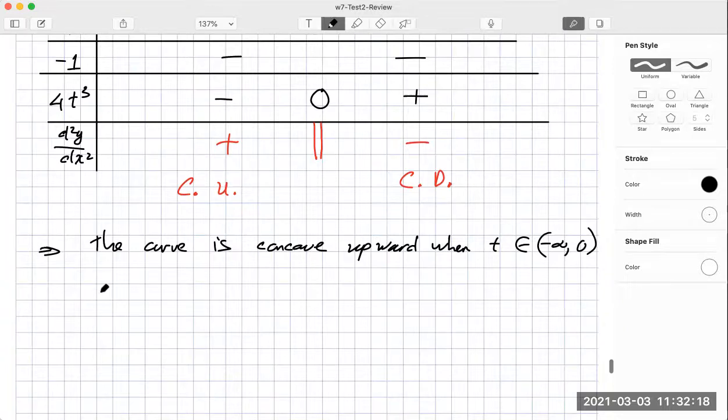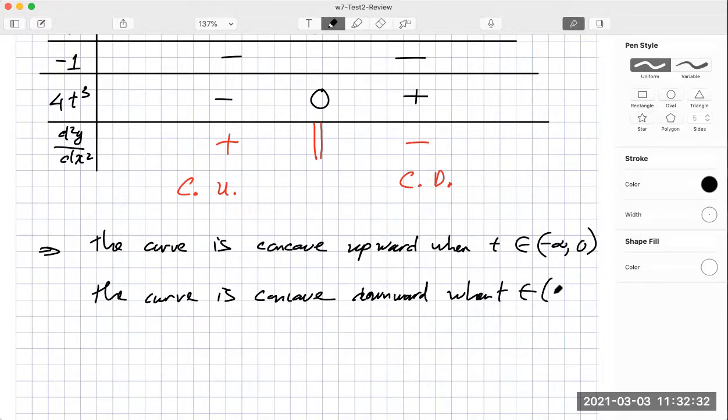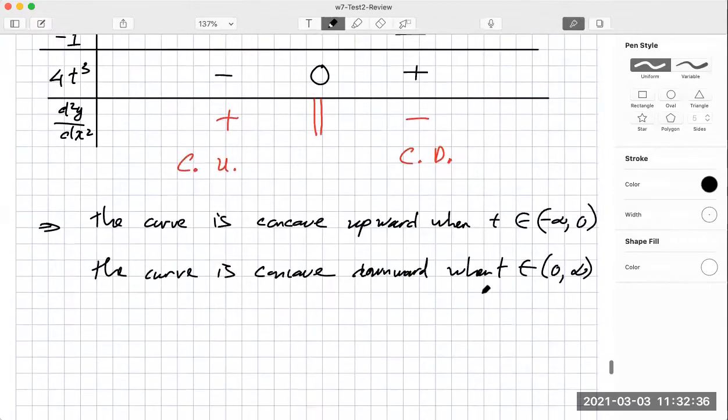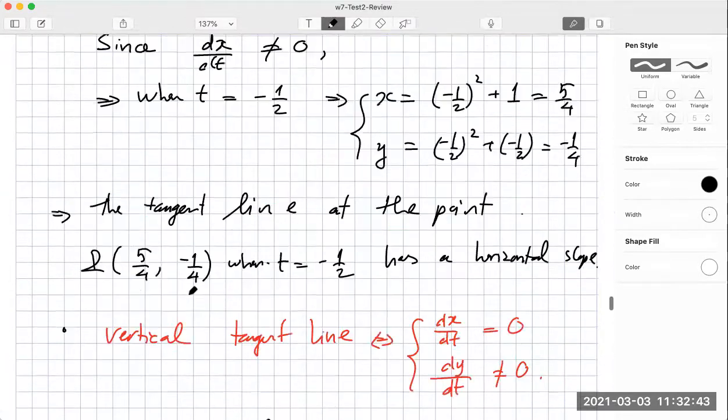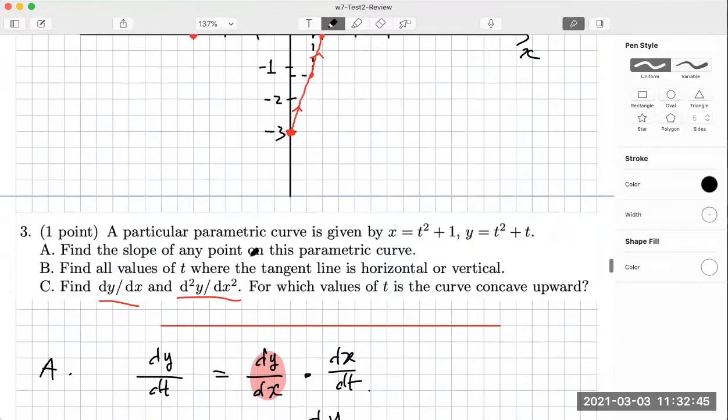And it is concave downward when t is from 0 to infinity. That's it, okay? That is all about this question 3.